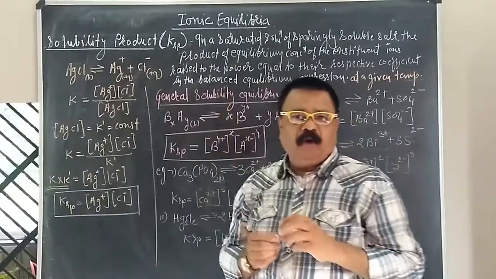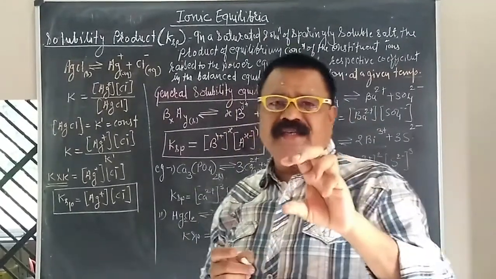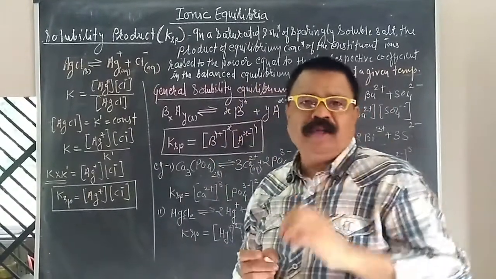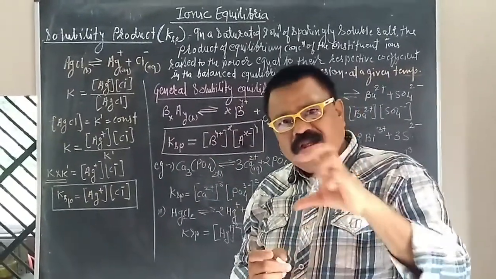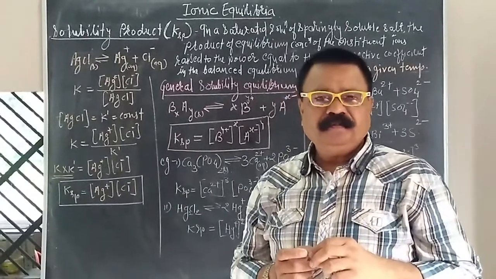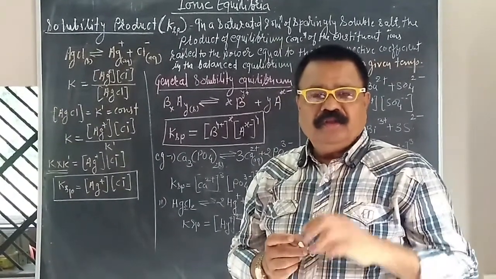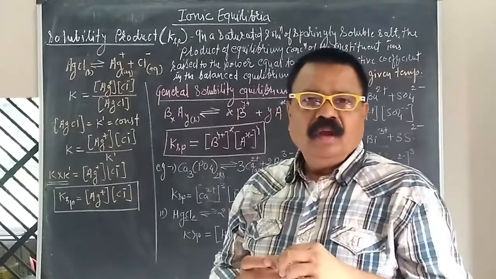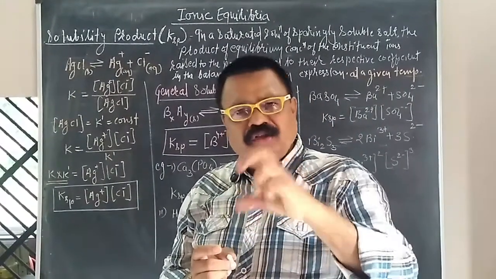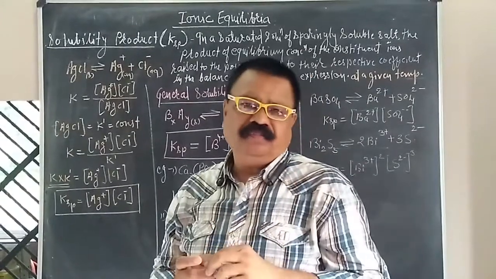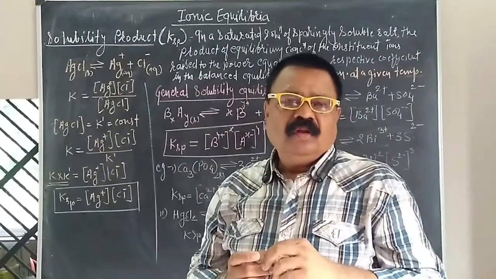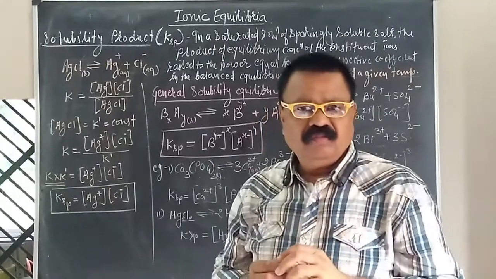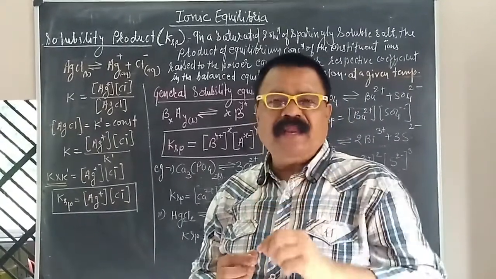In the solubility product, when we are discussing the sparingly soluble salt, what is a sparingly soluble salt? The salt that is dissolved inside the water dissociates or dissolves in a very small quantity. Most of the quantity remains undissolved, so that becomes a sparingly soluble salt.